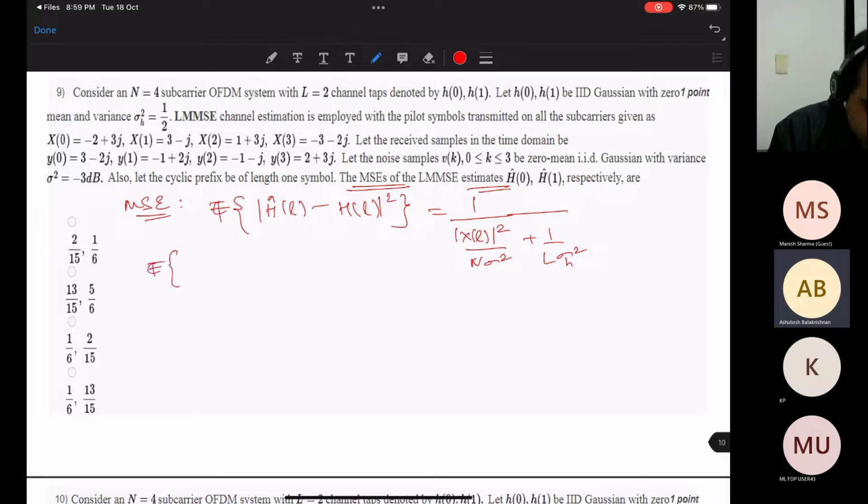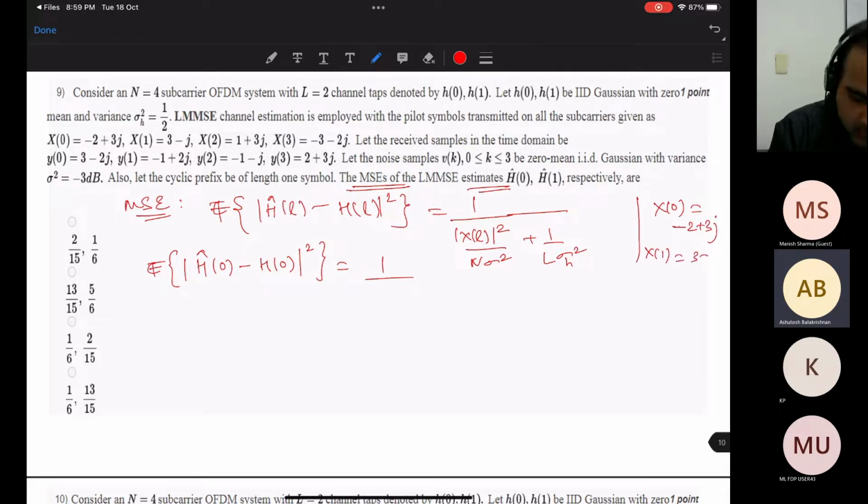So expectation of h hat 0 minus h0 square, and this is basically 1 by, okay, let me just write this. So we have x0, which is minus 2 plus 3j, and x of 1 is 3 minus j. So what do we have?